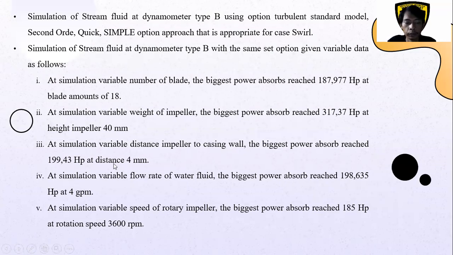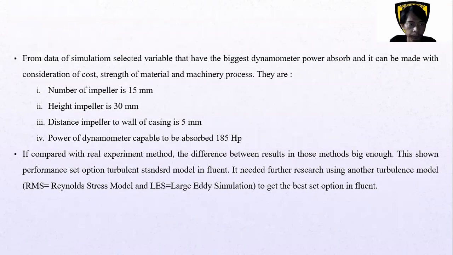In the simulation of the water flow rate variable, the biggest power absorbed is reached like this, at 4 GPM. In the simulation of the impeller rotation speed variable, the biggest power absorbed reaches 185 horsepower at a rotation speed of 3600 RPM, rotations per minute.